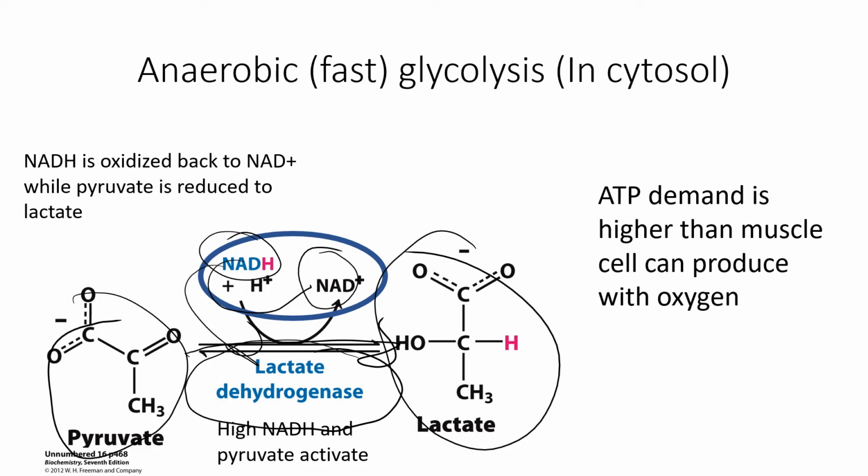You have now begun what is called fast or anaerobic glycolysis. And it's because of the fact that these pyruvate and NADH molecules are accumulating outside of the mitochondria, and they're allosterically activating the enzyme that is going to begin the process of turning pyruvate into lactate and NADH back to NAD. And now the question becomes, why?